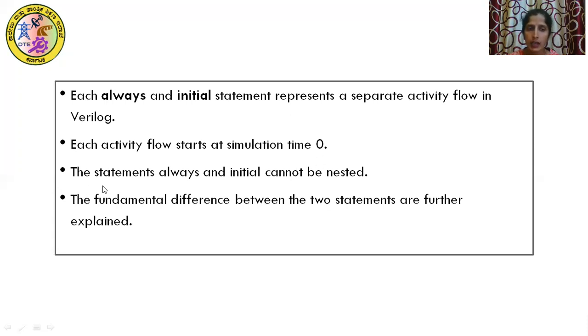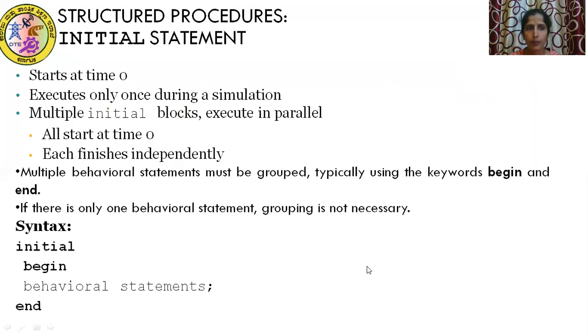And the always and initial statements cannot be nested. We cannot nest the statements within always and initial. Further, we are going to study the fundamental difference between these two statements. So let us get into the concepts.